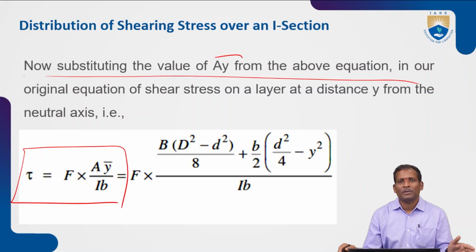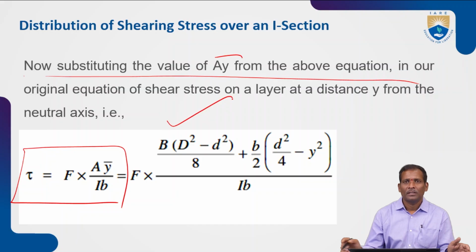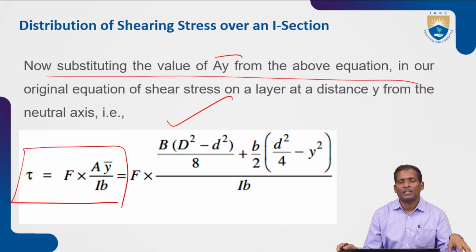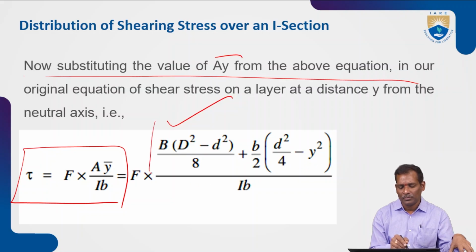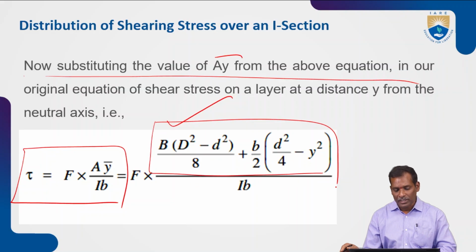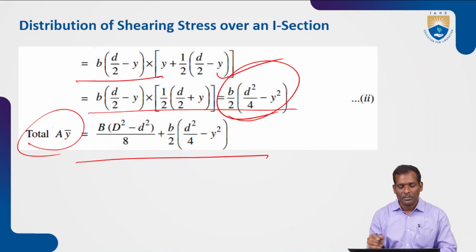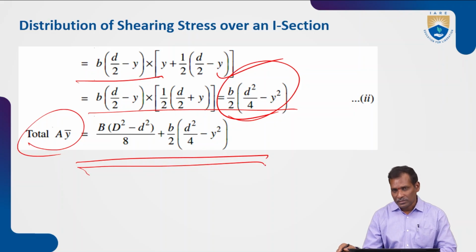So force multiplied with the area: capital B into D square minus small d square by 8, plus small b by 2 into small d square by 4 minus y square.